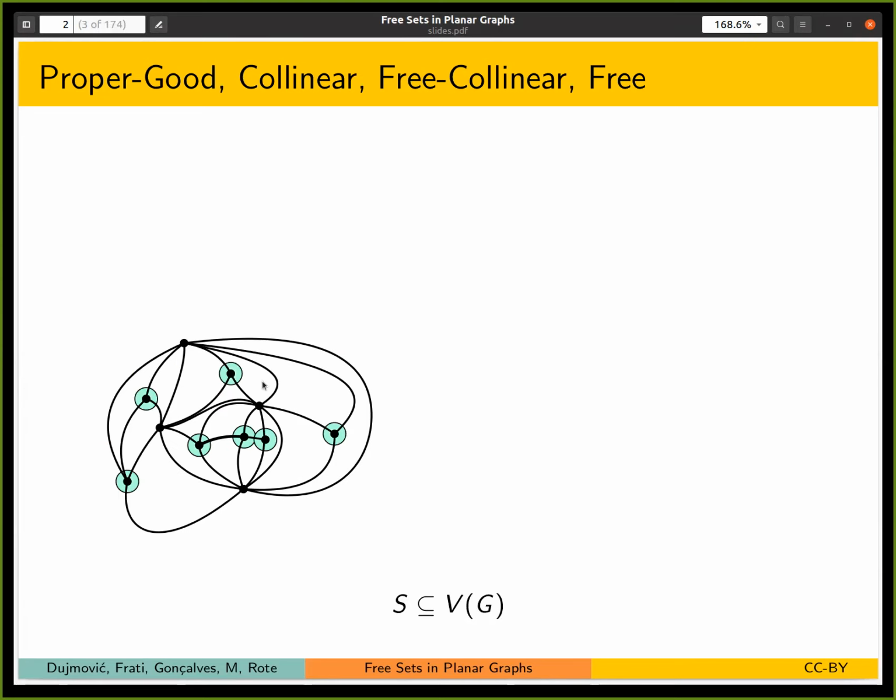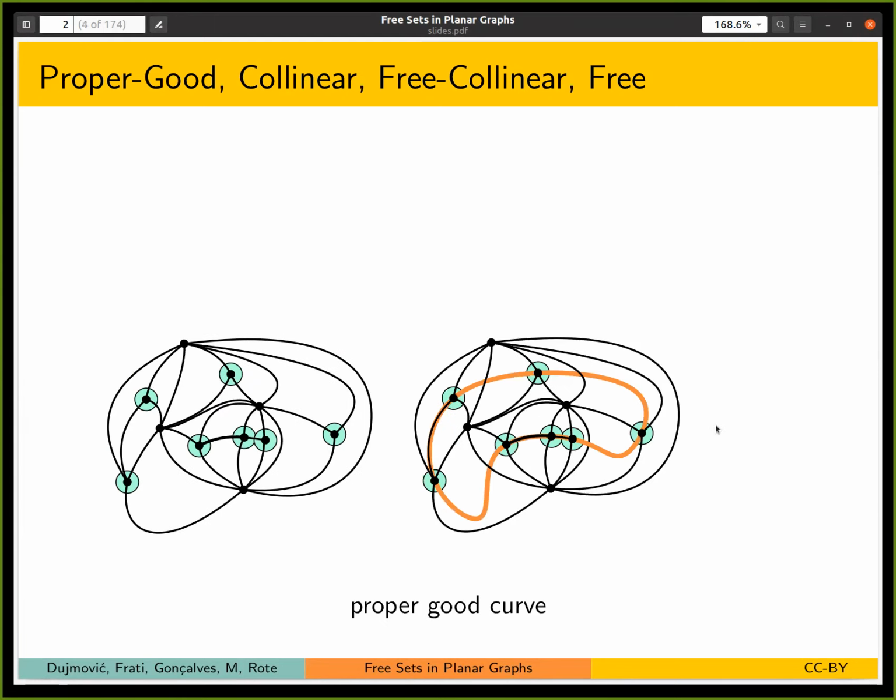So you take some subset of vertices of this graph, and if you can find a Jordan curve that has two properties. One is it should not be a cycle in the graph, so it shouldn't just follow along edges of the graph.